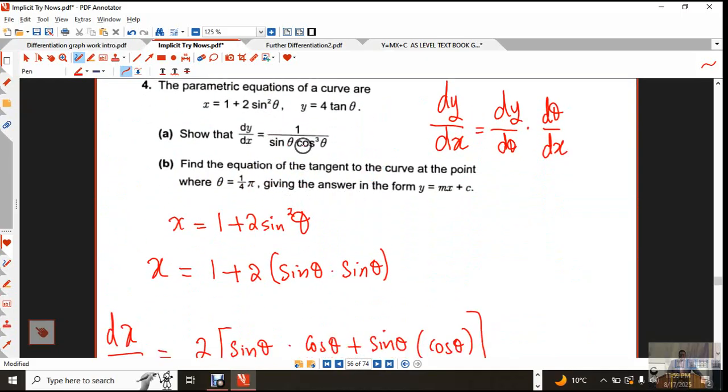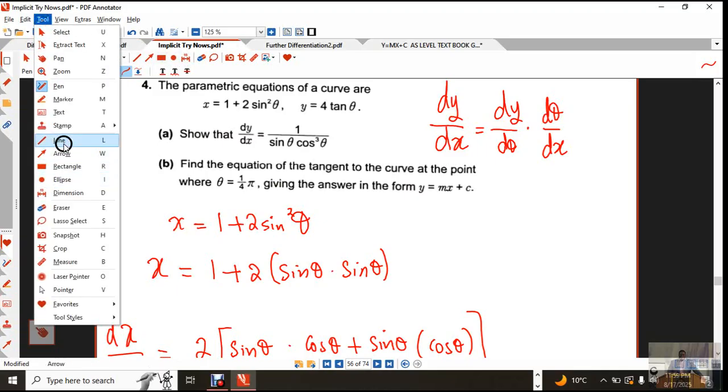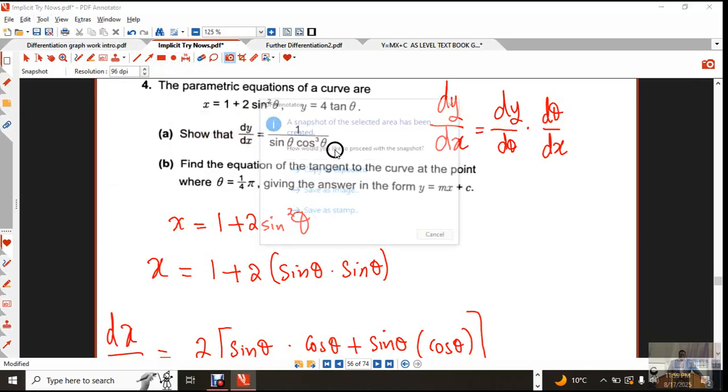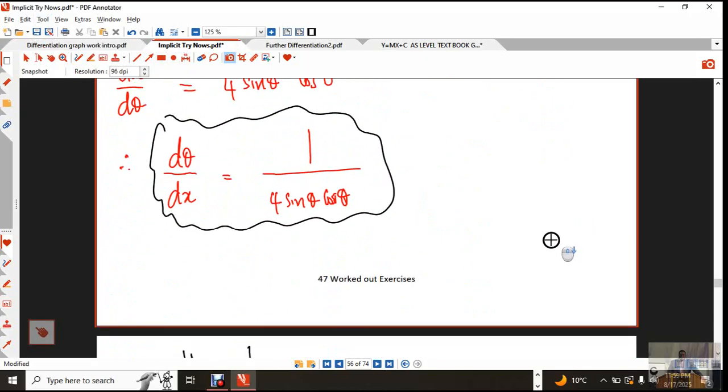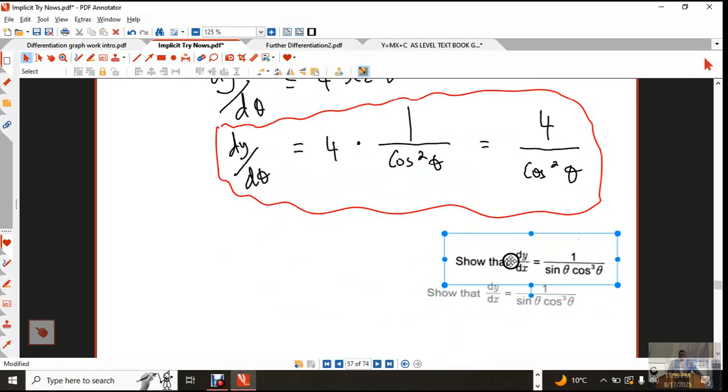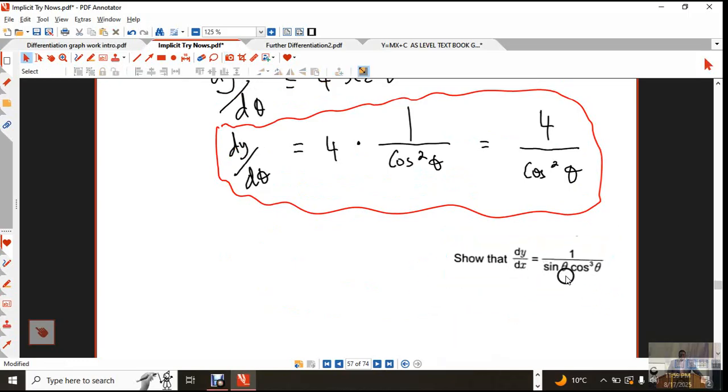We're supposed to get something like this. So this is what we are supposed to show, and you can already see that within there should obviously be some cosine that is cubed.